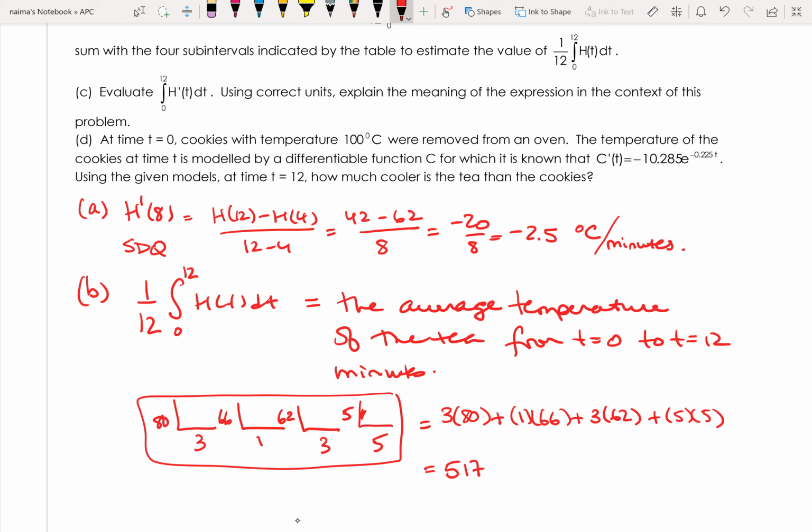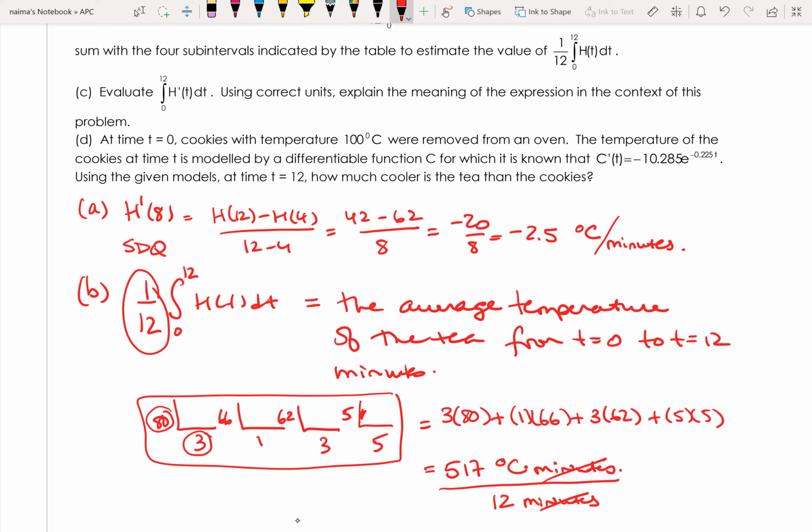Which wouldn't make very much sense on its own, because if I'm just doing the Riemann sum right here, I'm adding up degrees Celsius times minutes. So this is degrees Celsius minutes, because down here, this is your minutes and this is your degrees Celsius. That seems like a very weird kind of unit. But remember, we're looking at the 1 over 12, and this is going to be over our 12 minutes, which is going to create our average temperature.